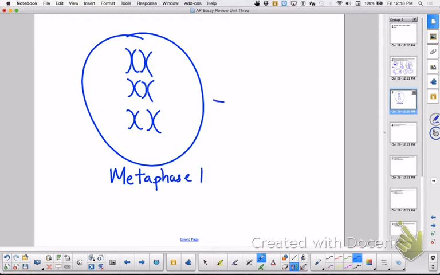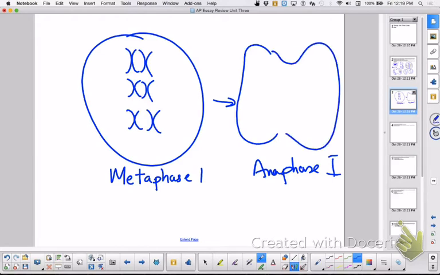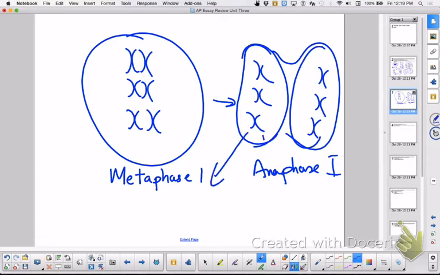And then as we move to anaphase 1, it would look something like this. And then telophase 1, you would divide these into 2 cells, and then anaphase 2, we would separate the sister chromatids. So you would be able to describe what is going on in each of those steps as you work your way through. Okay?